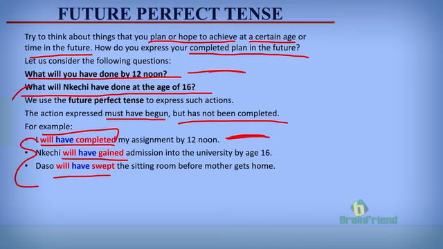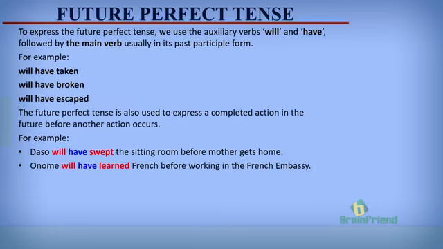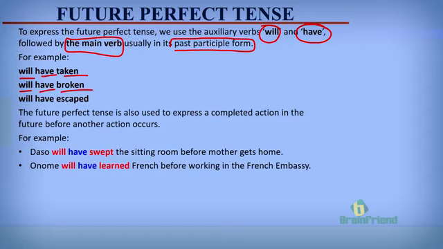Now let us see how we form the future perfect tense. To express the future perfect tense, we use the auxiliary verbs will and have, followed by the main verb of that sentence, which is usually in its past participle form. For example, will have taken, will have broken, will have escaped.